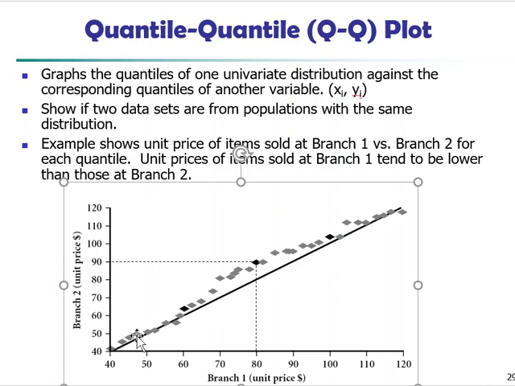In this case, we see that at the lower end and the upper end, they fall onto the line, but in the middle part there is a visible curve. So we can see that for many items, the unit prices at branch 1 tend to be lower than those at branch 2.